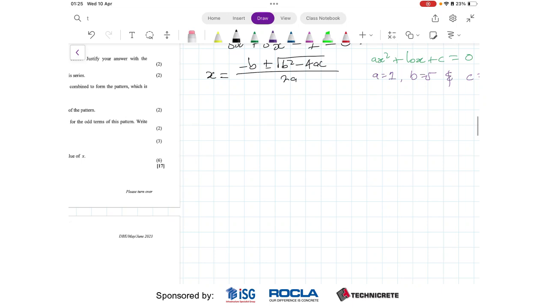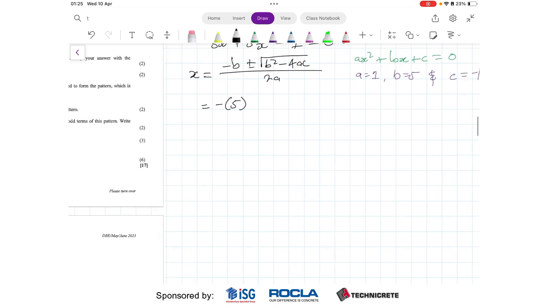Plugging that into our formula tells us that x is equal to minus 5 plus or minus the square root of 5 squared minus 4 into 1 into, is that minus 1?